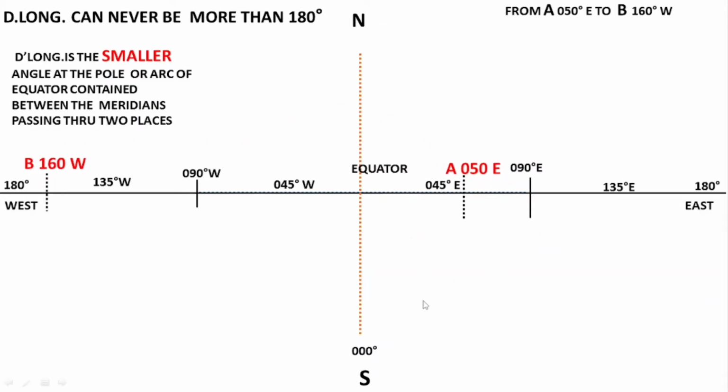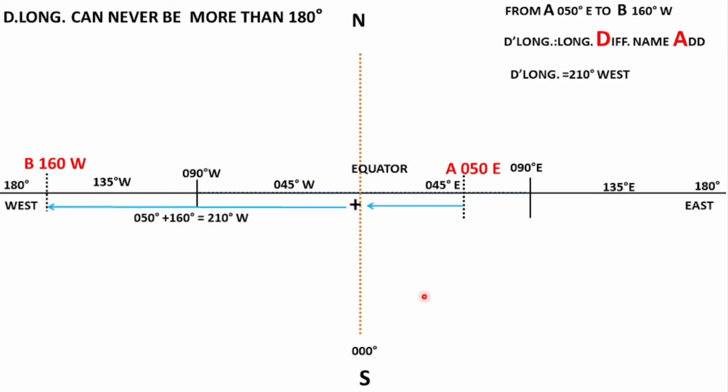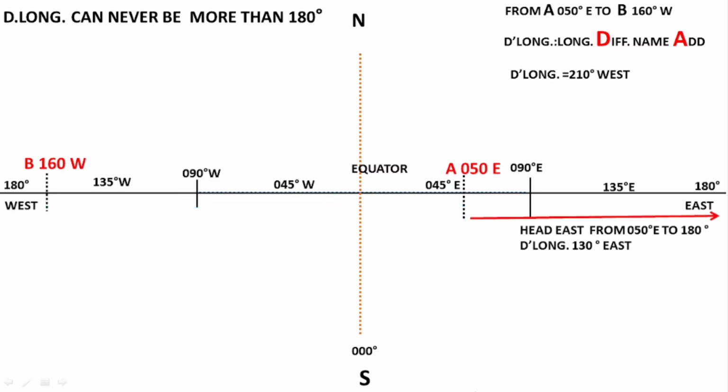Different names add. It comes to 210. And going towards west, D.LONG west. And as we said, it is the smallest arc or smallest angle.